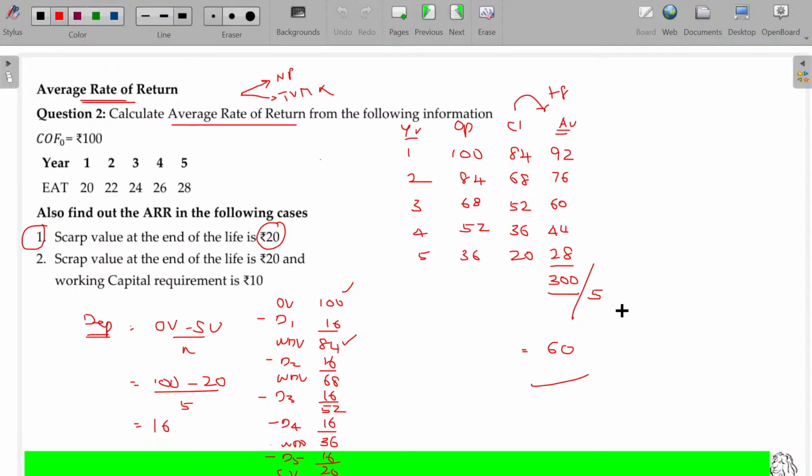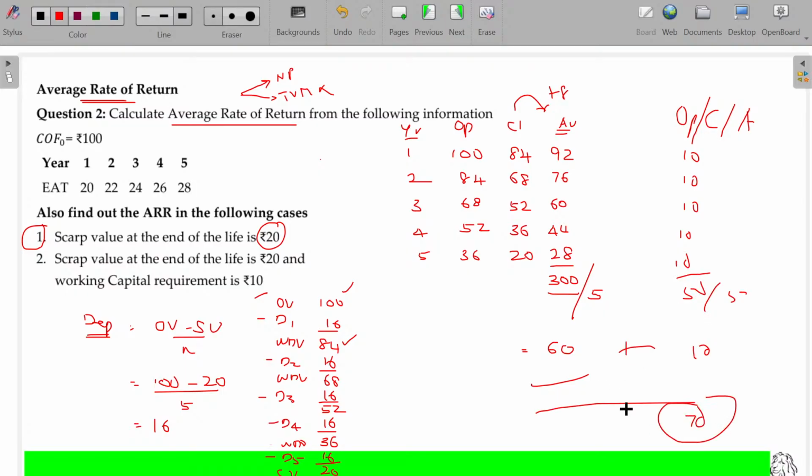So the 100 remains constant. So if there is any working capital requirement, the working capital in this case being 10 remains constant for all the period. Opening also same, closing also same, so average is also same. Then automatically take the average of this, then you will get the 10. So with the working capital, the average capital will be 70.